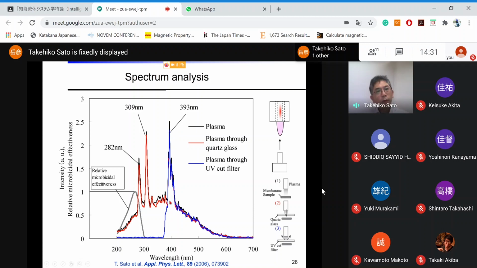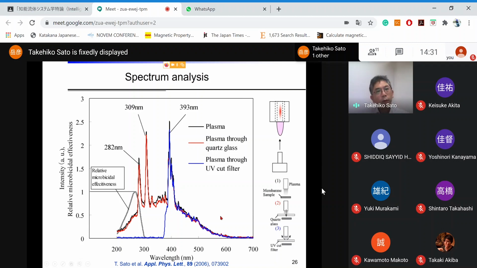It's superposed. Okay, so generally here is the nitrogen case, and the plasma through the quartz glass, and the plasma through the UV cut filter. In this case the UV is cut, and also in the quartz glass case it goes through this. It means that just UV goes through, but not gas.